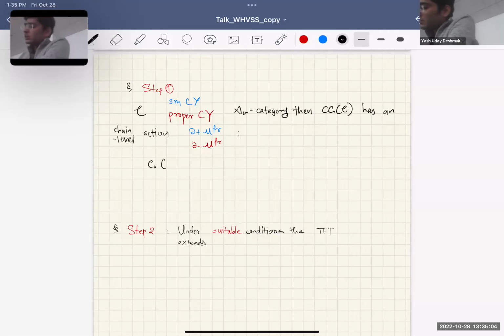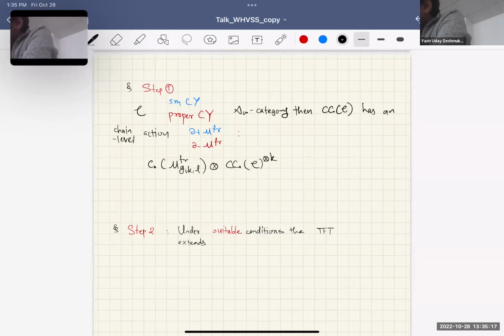So it's going to be maps like this, from the moduli space of framed surfaces, and you get such maps. In the smooth case, you get them when L is at least 1. And in the proper case, you get them when K is at least 1. So smooth case, at least one output, proper case, at least one input.